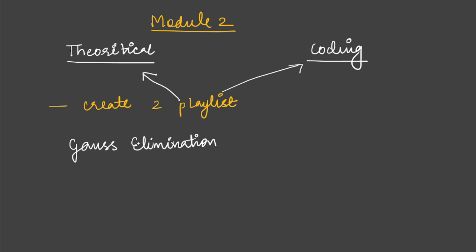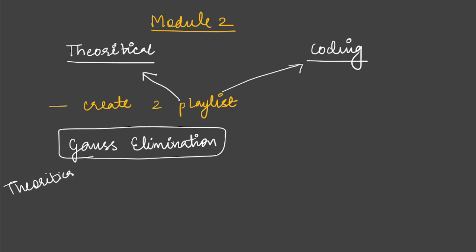So the first video, the first lecture that you would get, is going to be the theoretical explanation of the Gauss elimination, and the second one is going to be the coding portion for what I covered in the theoretical lecture. But there is a catch.